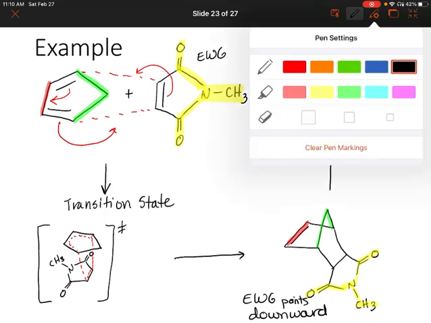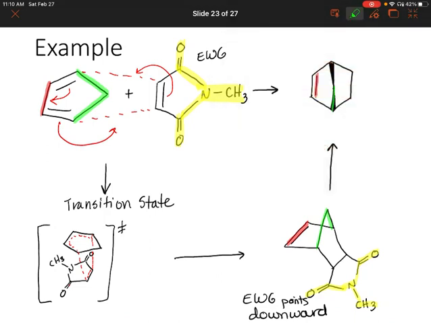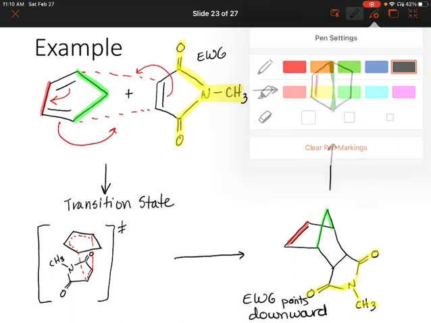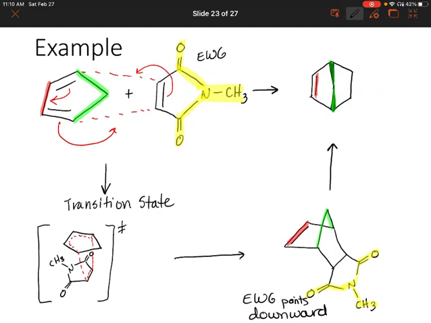Okay, so again, that is our triangle. All right, and then we have to draw our electron withdrawing group. So we said it's pointing downward, and if something points downward, then that means it's going to be pointing away from us. So it will be in a dashed position.